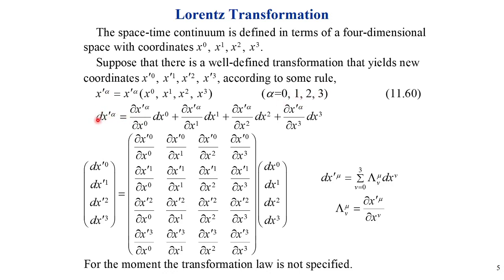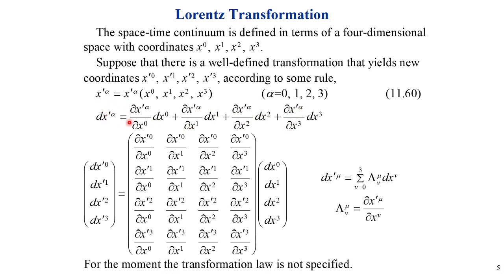So for a little change in x alpha prime, we can use the chain rule: the change in x0, change in x1, change in x2, change in x3.